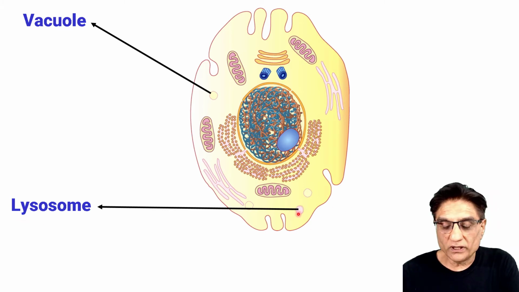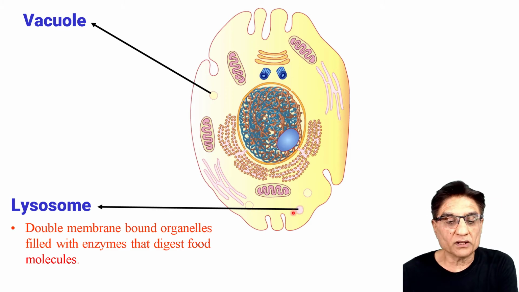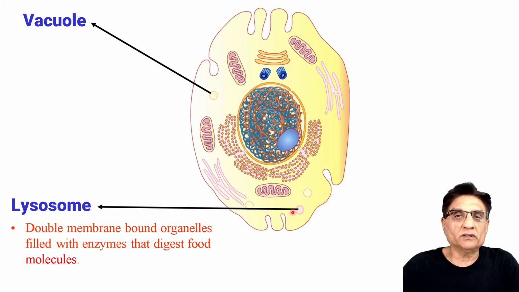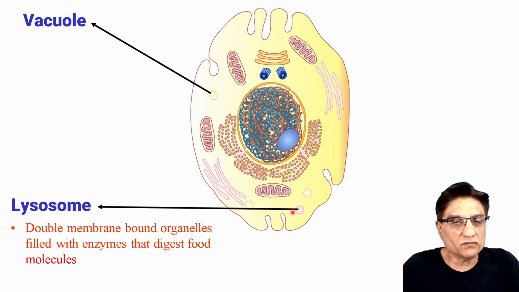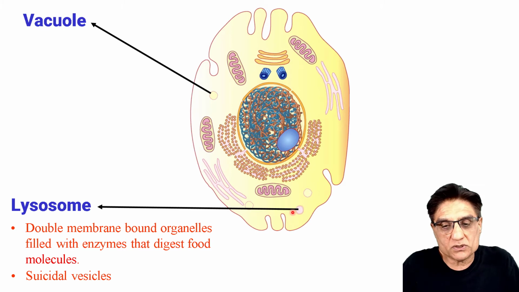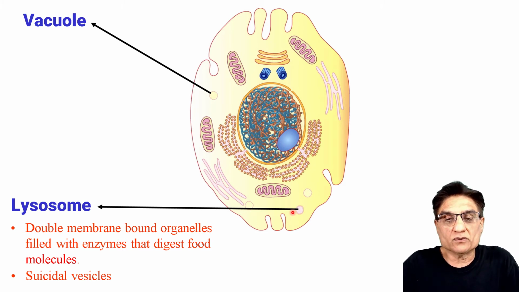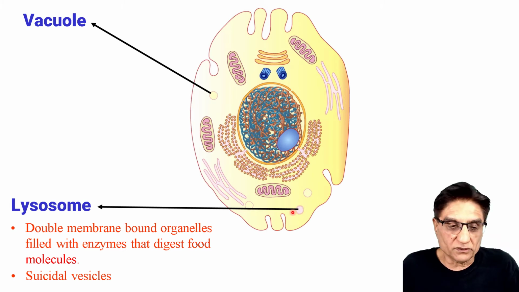What they do is they go close to the food molecules and they burst open, they release all their enzymes, and those food molecules get digested. Sometimes they're also called suicidal vesicles because they commit suicide. When they commit suicide, more of these lysosomes are going to be made by the ER after they disappear. They help in digesting the food molecules, in other words.